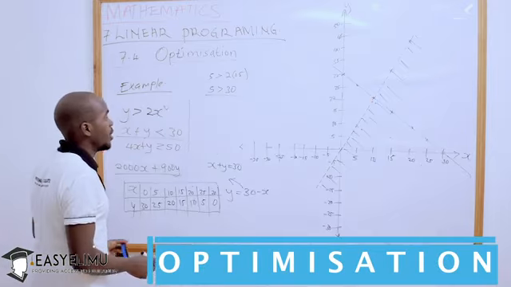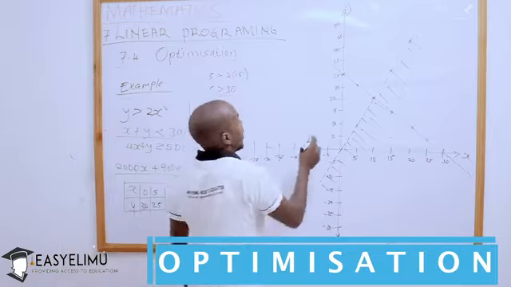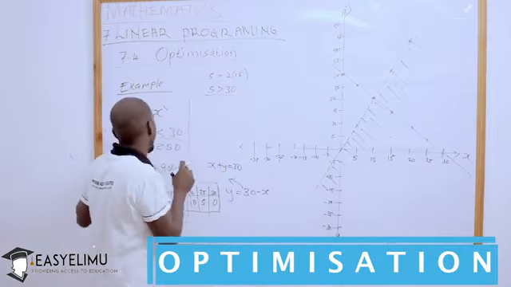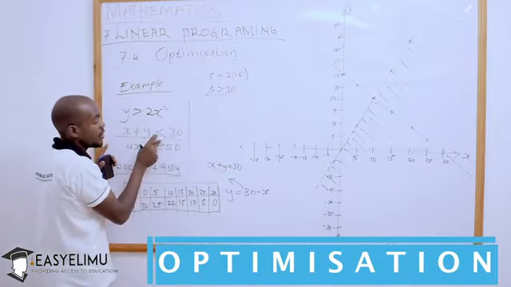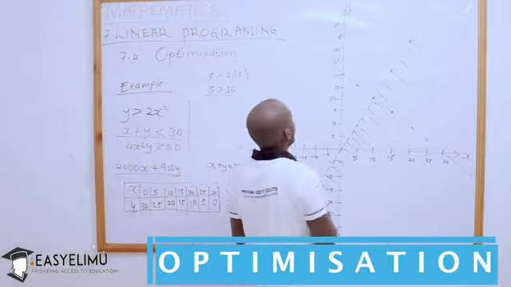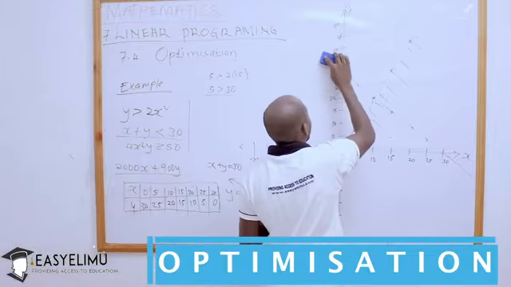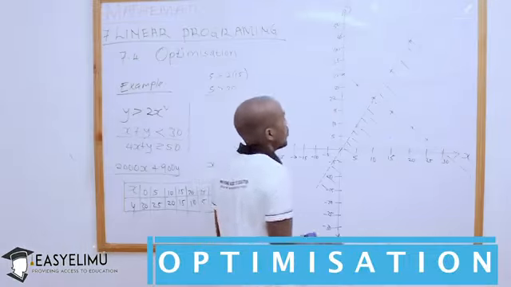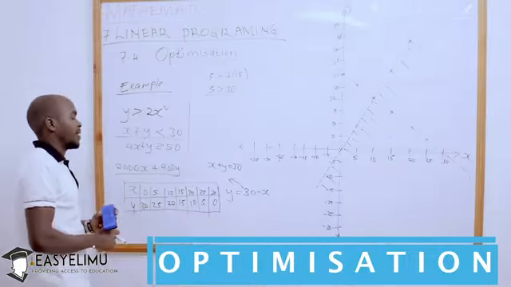So on plotting, we shall draw a line like that, and remember that line will be dotted because this one is less than. So I'm going to make my line dotted. It will be a dotted line like that.